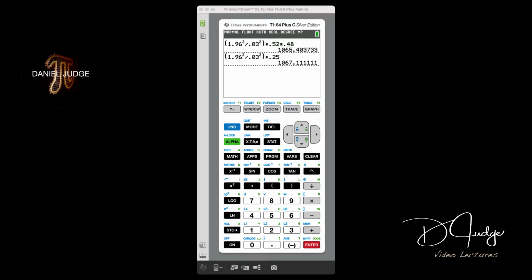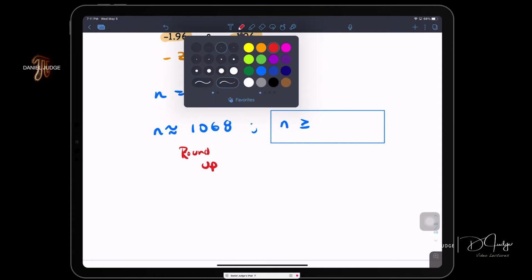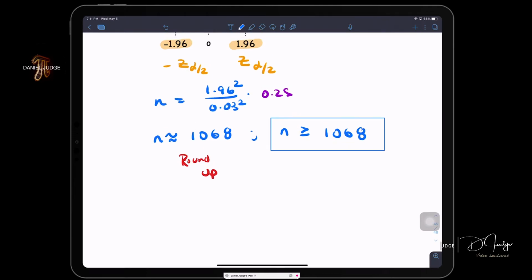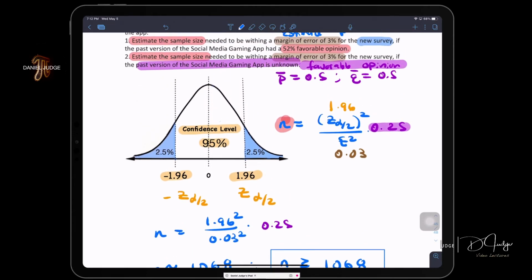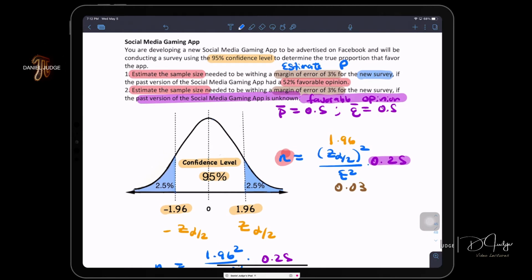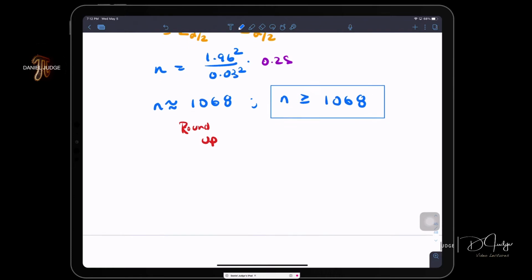So n has to be at least 1,068 data values. So we're using the sample size formula. We took the margin of error formula, solved for n, and now we have a nice formula to estimate sample size.